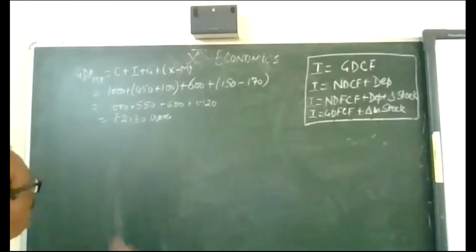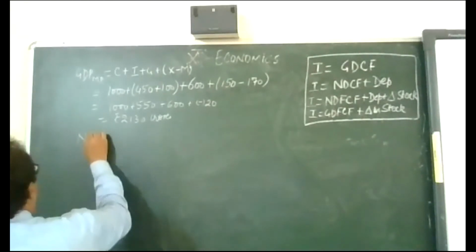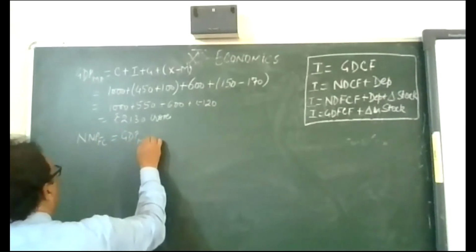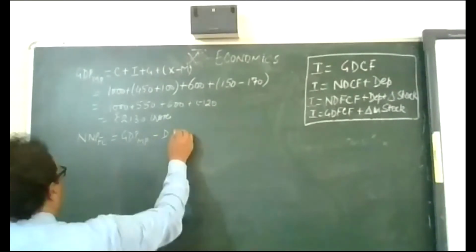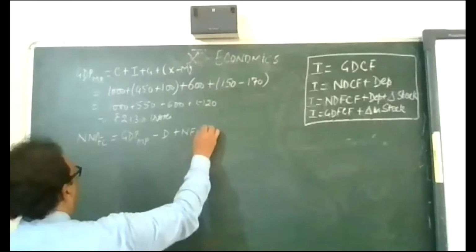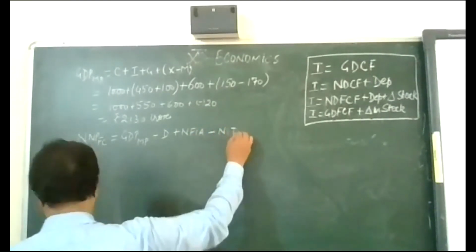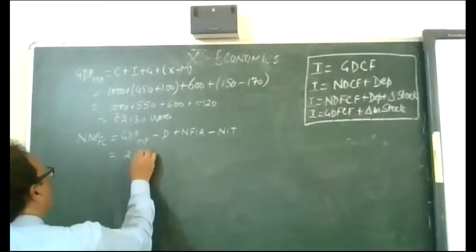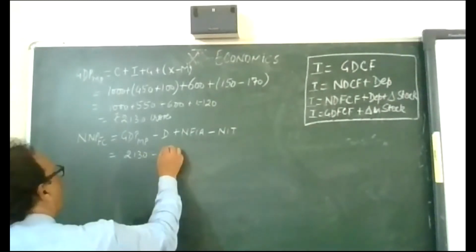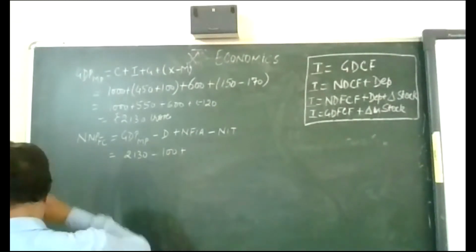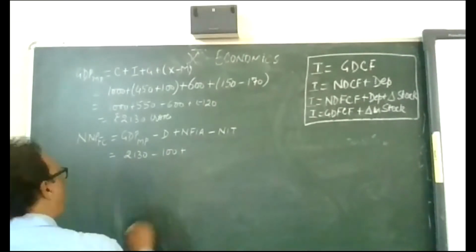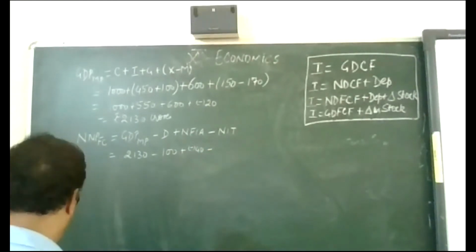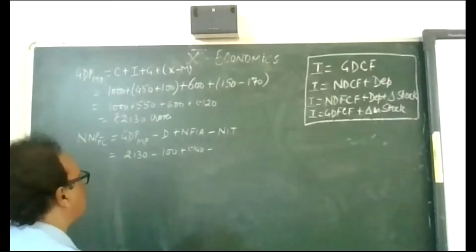What has he asked you to calculate? National income, NNP at factor cost. From GDP at market price, minus depreciation, plus net factor income from abroad, minus NIT. How would you get it? GDP at market price 2130, minus depreciation 100, plus net factor income from abroad, given as minus 40, minus net indirect taxes. Net indirect taxes is indirect taxes minus subsidies.